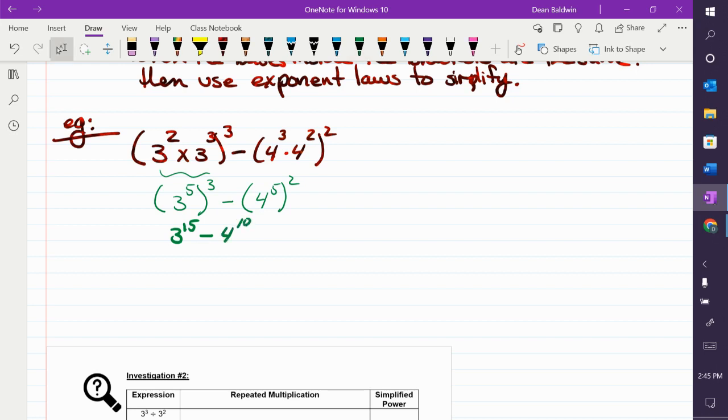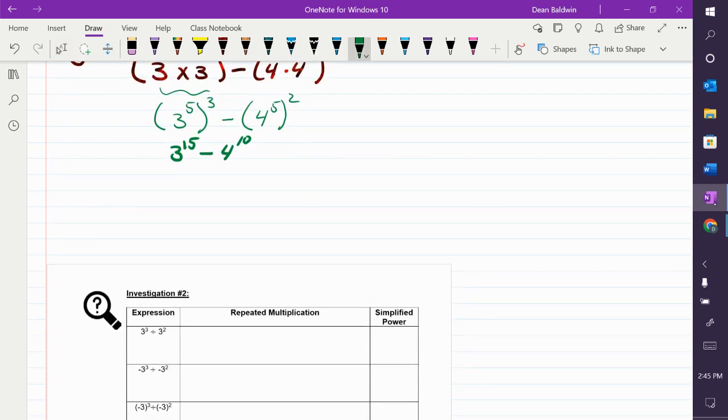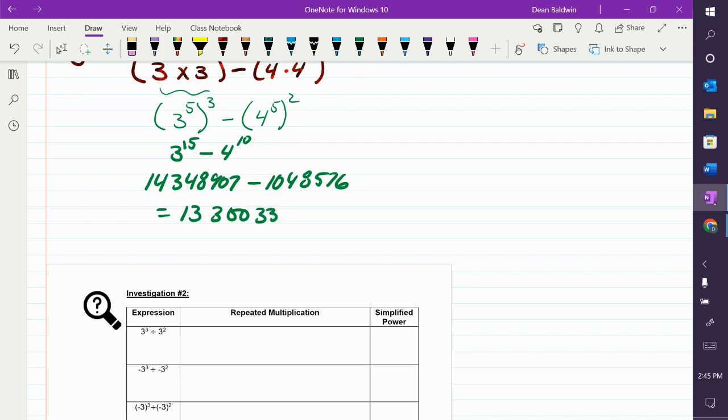Now, there are no rules for when you're adding or subtracting. So now we just literally have to put this in our calculator, which is going to be a gross number. But I know what it is, so you can just copy it down. 3 to the 15 is 14,348,907. 4 to the 10 is 1,048,576. So if you subtract them, you get 13,300,331.